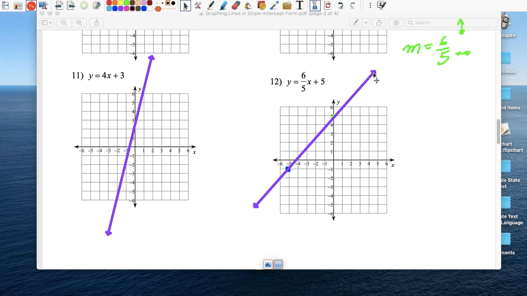Again, if you count the rise here, look at this: 1, 2, 3, 4, 5, 6. That's my height. And then if you count the horizontal distance, you get 1, 2, 3, 4, 5. That's what this is. All right, that's it.